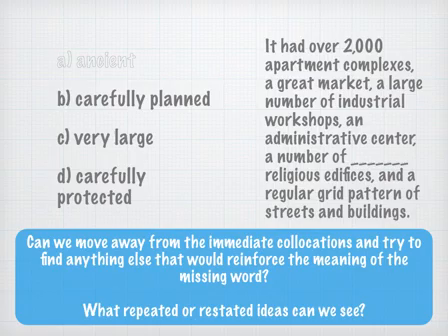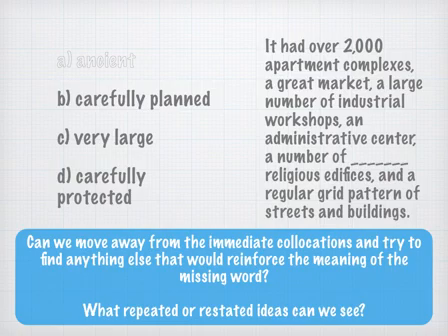Now, we've got three answers left. We've got carefully planned, very large, and carefully protected. The next question that we need to ask ourselves is, can we move away from the immediate collocation and try to find anything else that would reinforce the meaning of the missing word? So we have two carefullys here, and we have very large.